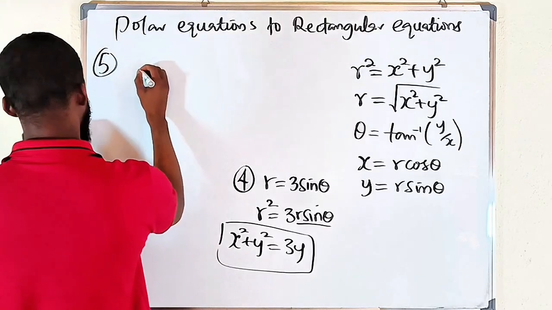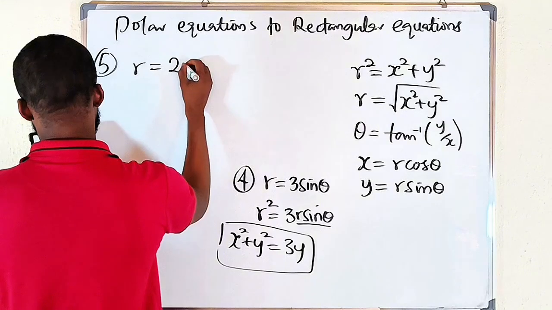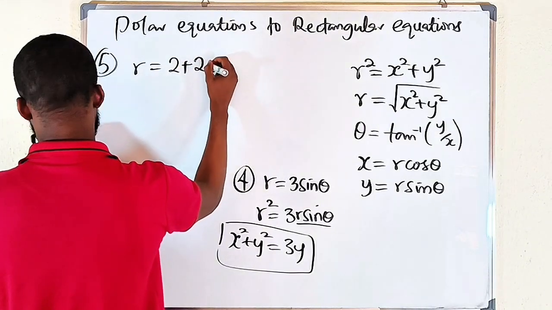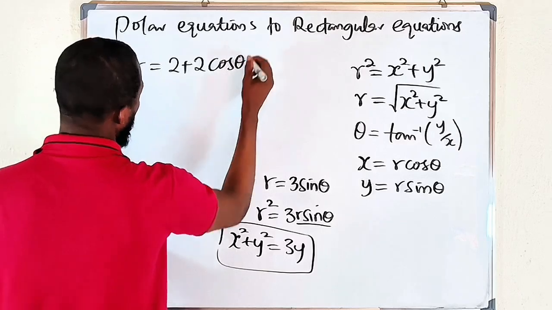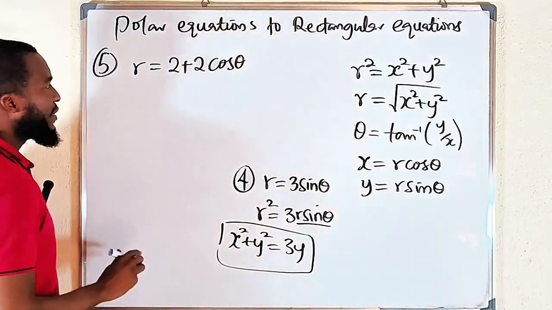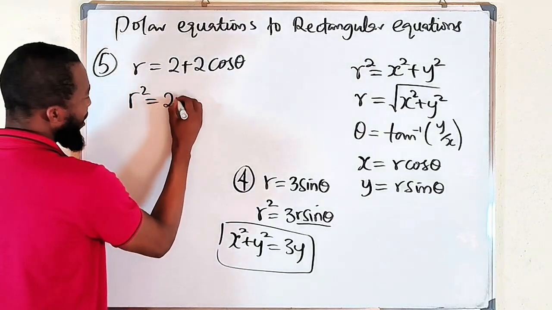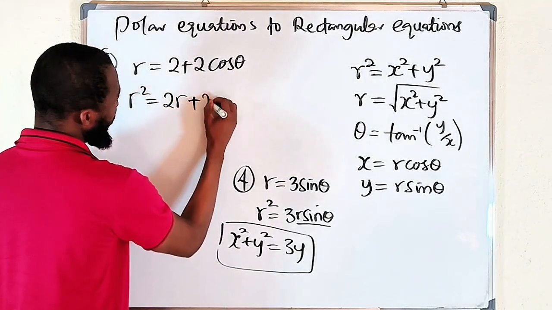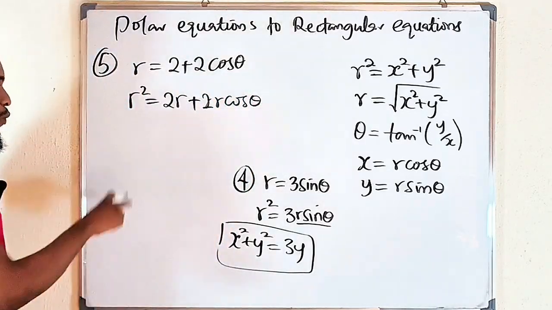Number 5, we have r equal to 2 plus 2 cos theta, right? All right. Let us multiply every single term by r. R times r will give us r squared equal to 2 times r plus 2r cos theta. What is r squared?